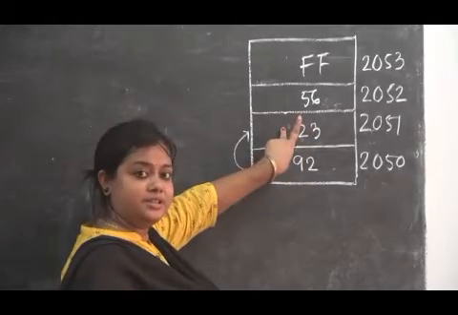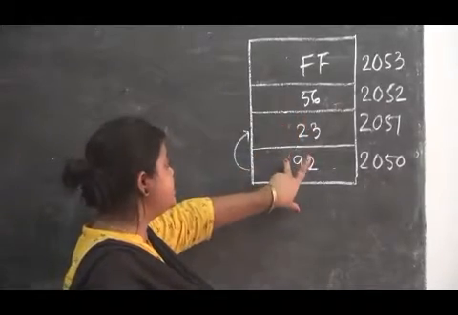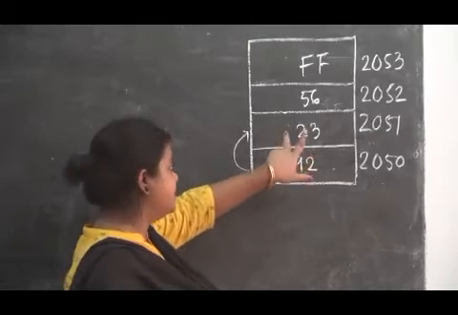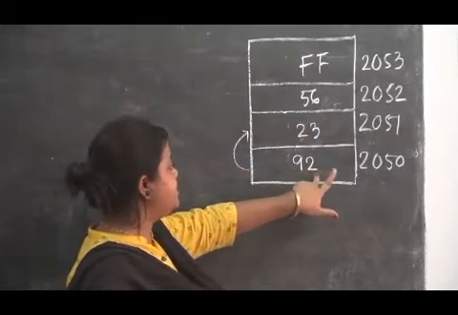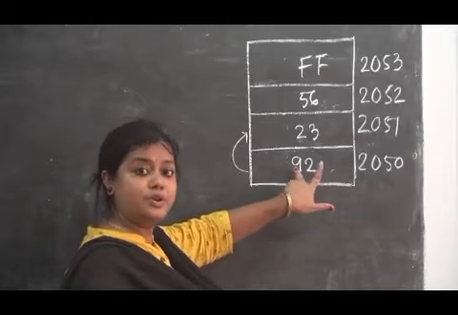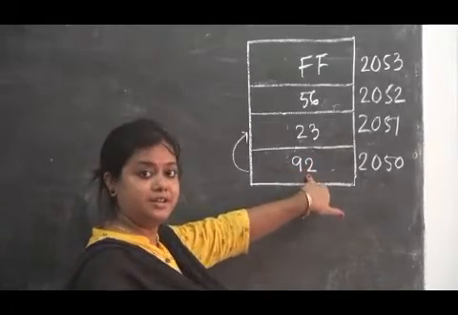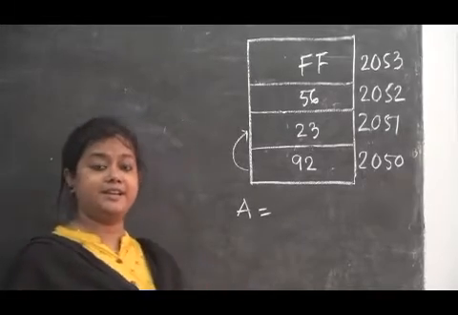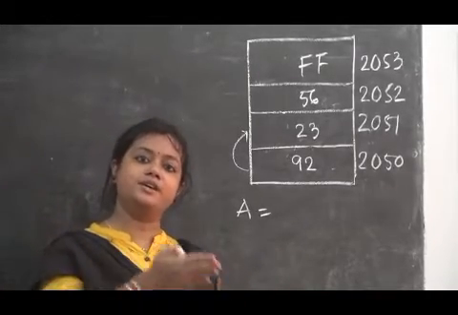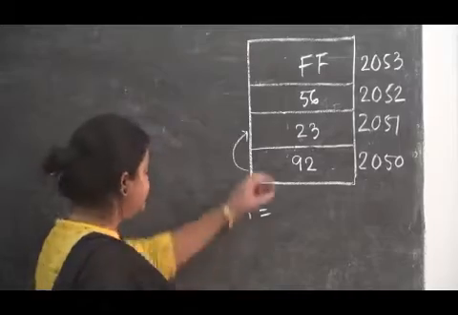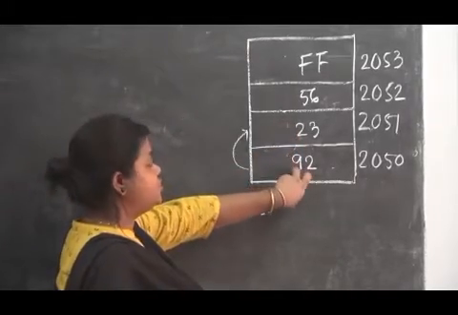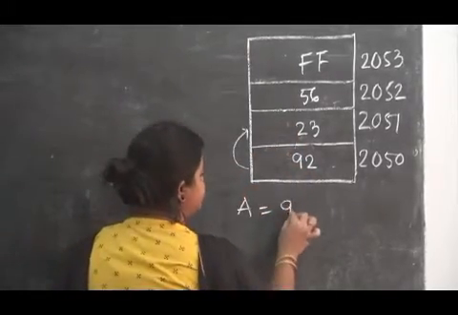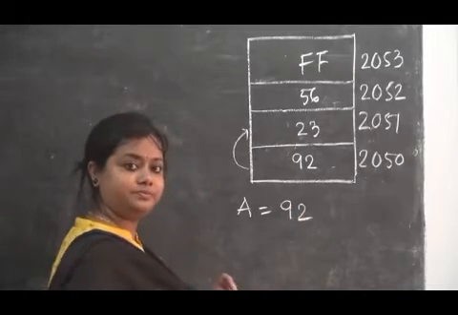Between these 2 data, the microprocessor will find out which is greater. We can see that 92 is greater, and the microprocessor will move the largest data into the accumulator. Keep it in your mind that the largest data always moves to the accumulator. So between these, 92 is highest, so the accumulated data is 92.